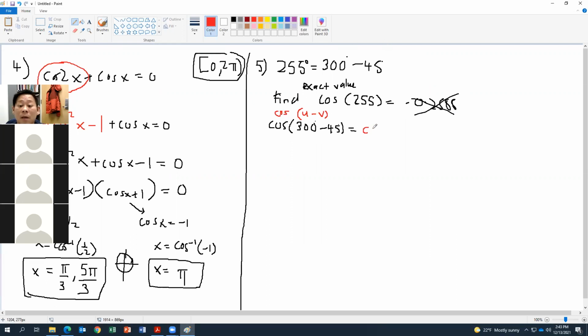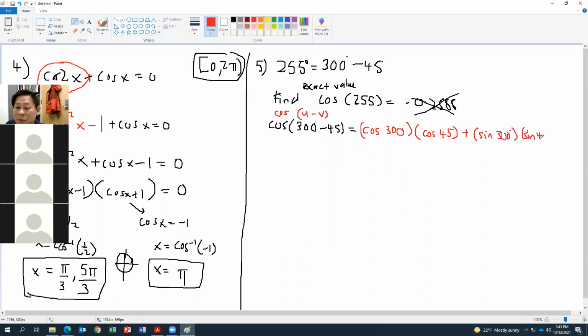This will be cosine 300 degrees, cosine 45 degrees. If it's a minus, this is what? Plus, yep. And then sine 300 degrees times sine 45 degrees.